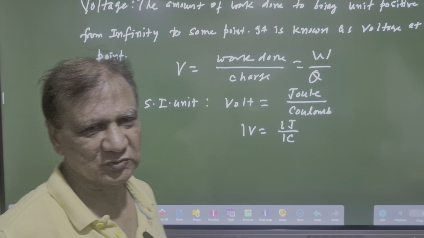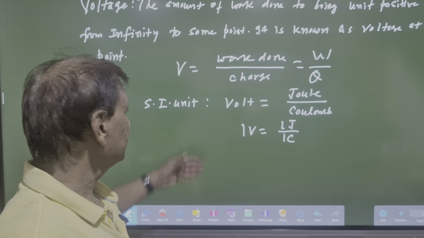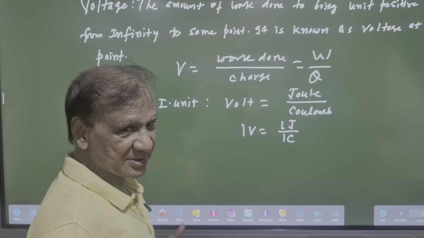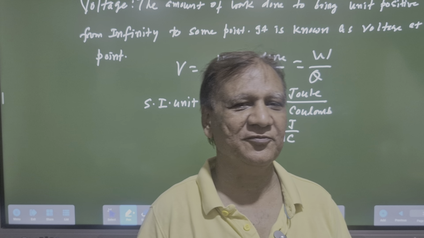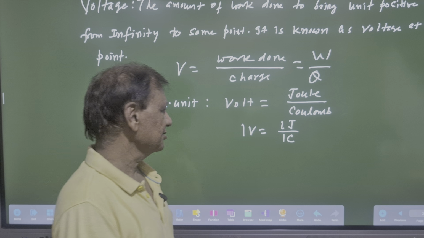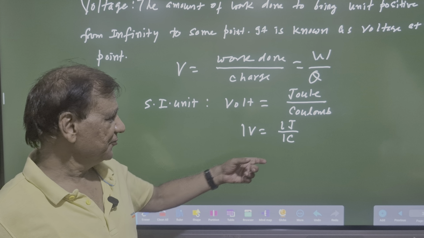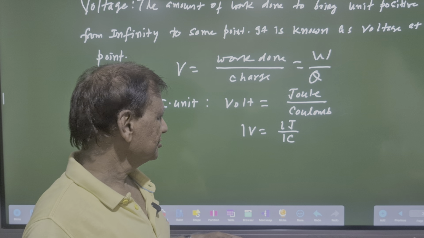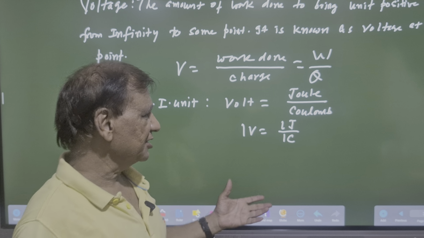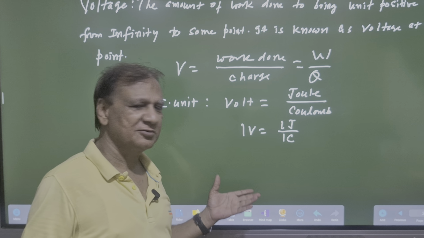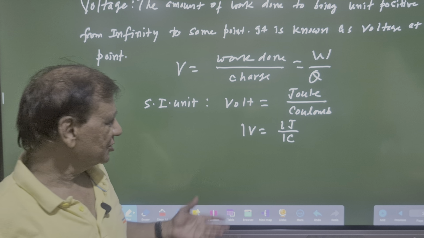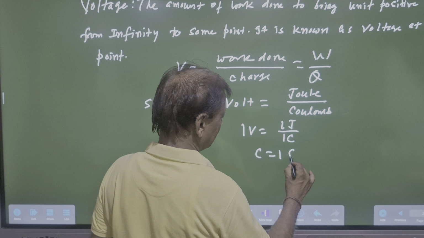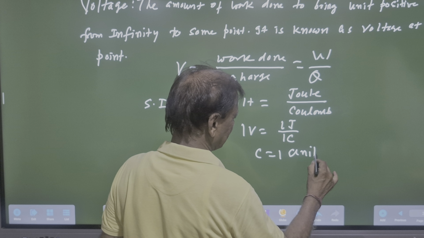So that is volt. So we can understand 1 volt like this. Suppose somebody asks you to give a definition of 1 volt. What you can say is that if we bring 1 coulomb charge from infinity, whatever work is done will be equal to 1 volt, because 1 coulomb means 1 unit.